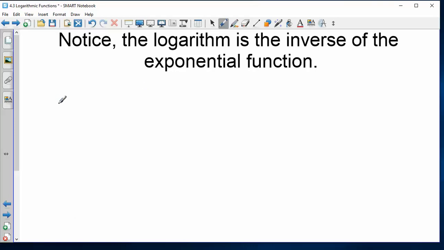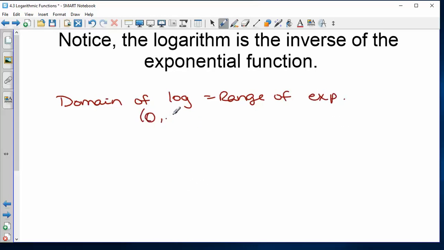So what that means then is the domain of the logarithm is equal to the range of the exponential, which we saw from before without transformations was always 0 to infinity.